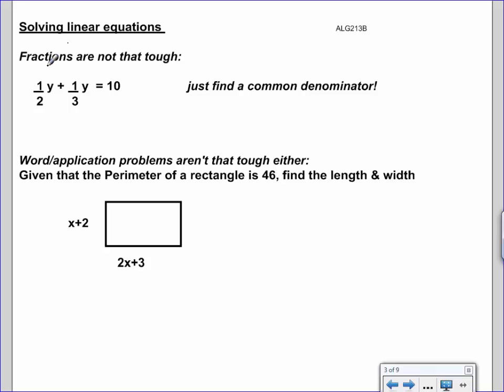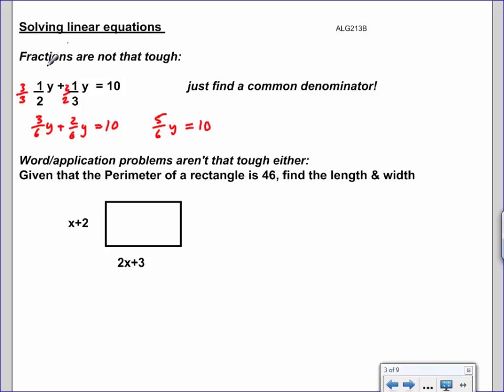So you would simply multiply this times 3 over 3, and you would get 3/6 y, and multiply this times 2 over 2, and you would get 2/6 y equals 10. Well, 2/6 plus 3/6 is simply 5/6. y equals 10. And from what you learned before, just multiply by the reciprocal.